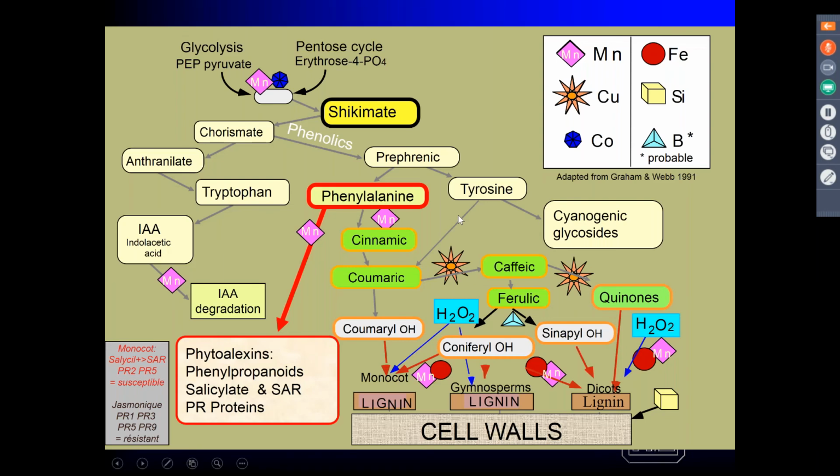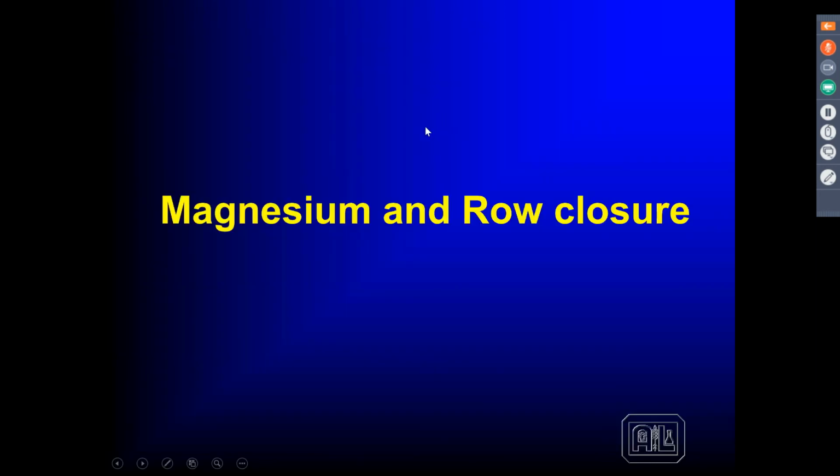So whenever you have a high magnesium issue, we might suggest you start spraying magnesium. You should also look at putting some manganese with it to help support the shikimate pathway so we don't have more disease pressure. We use magnesium in other crops early in season to push growth.